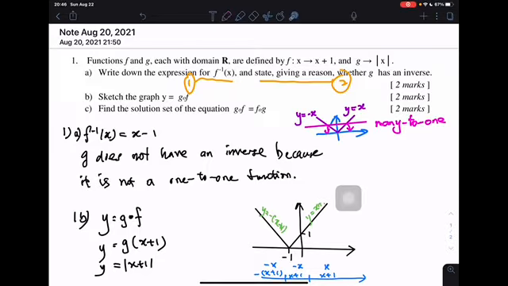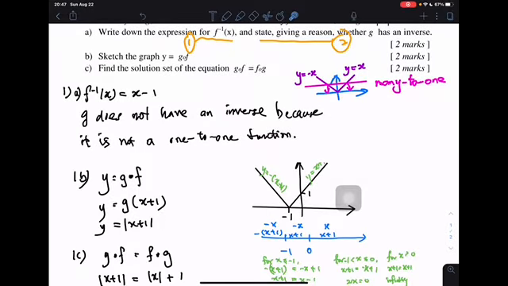So therefore, we do not have an inverse. We do not have an inverse because it is not a one-to-one function. I didn't have time to write it properly, it looks a bit ugly, but in order to have an inverse, you need to be a one-to-one function.